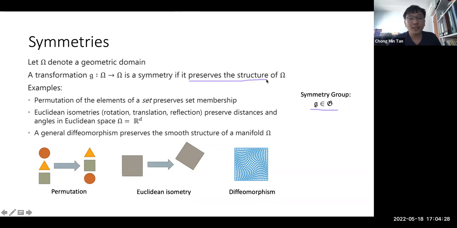What this means by preserving the structure is, I guess I have to introduce isomorphism. There's this thing called homomorphism where you can map from one to another, and it's a distinct mapping. But if you can map from the output back to the input again, this is called an isomorphism.